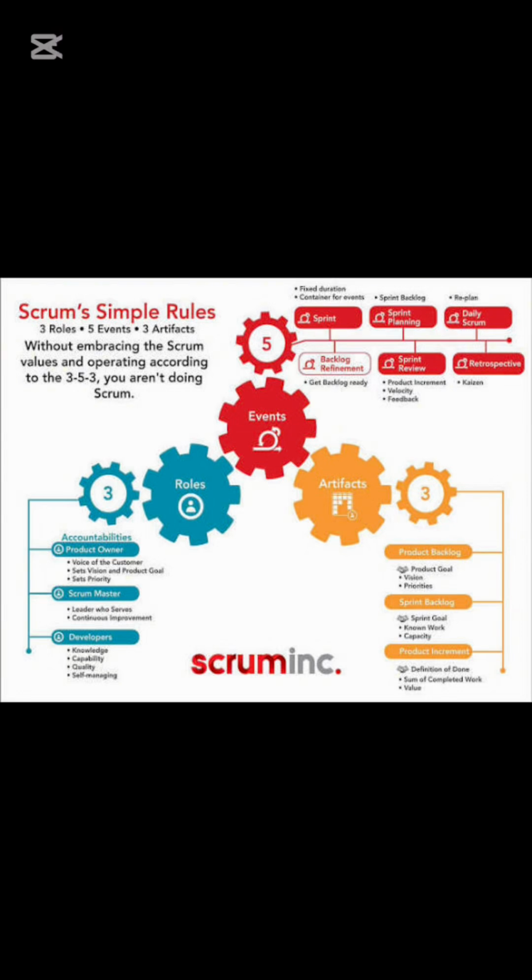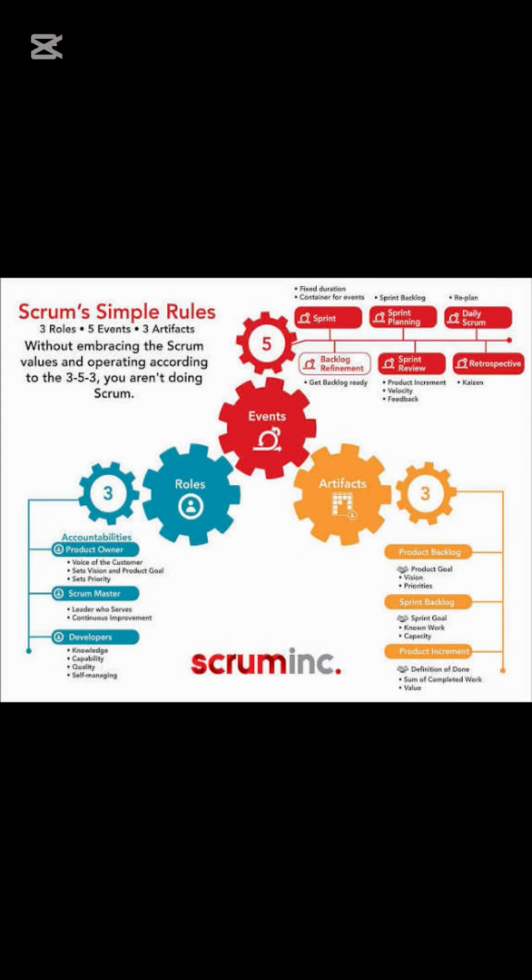Scrum employs an iterative, incremental approach to optimize predictability and to control risk. Scrum engages groups of people who collectively have all the skills and expertise to do the work, and share or acquire such skills as needed.